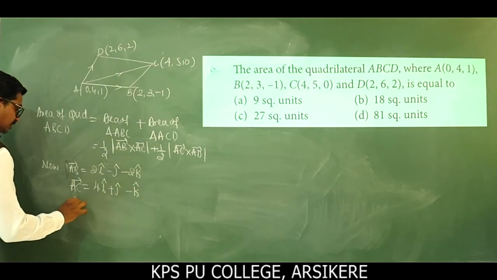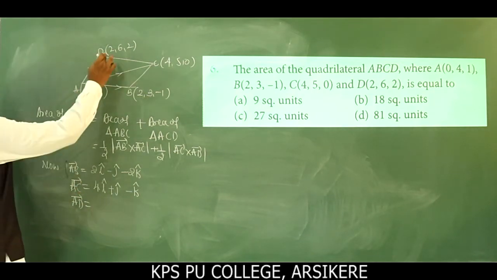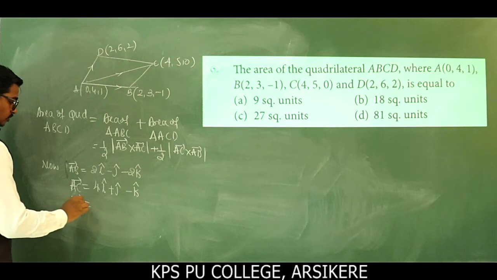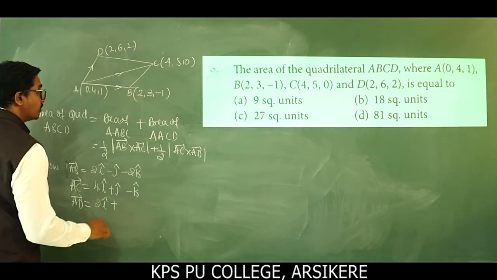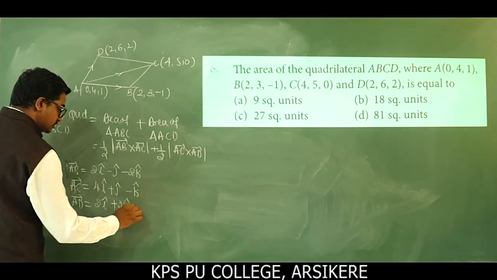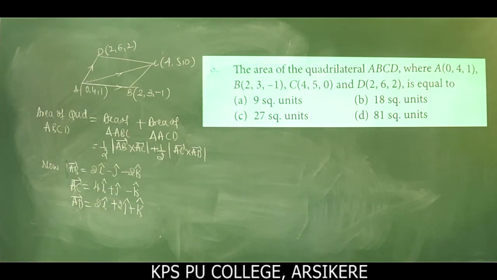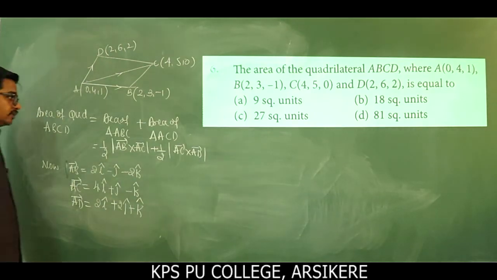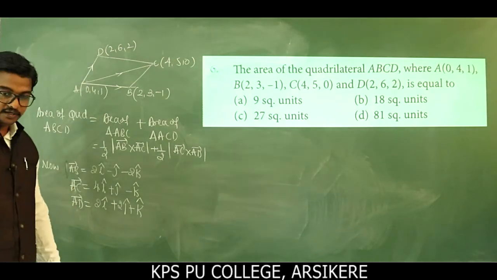And vector AD is 2 minus 0 is 2 i cap, 6 minus 4 is 2 j cap, and 2 minus 1 is plus 1 k cap. These are vectors AB, AC and AD. Then we need to find the cross product of AB cross AC, then AC cross AD.